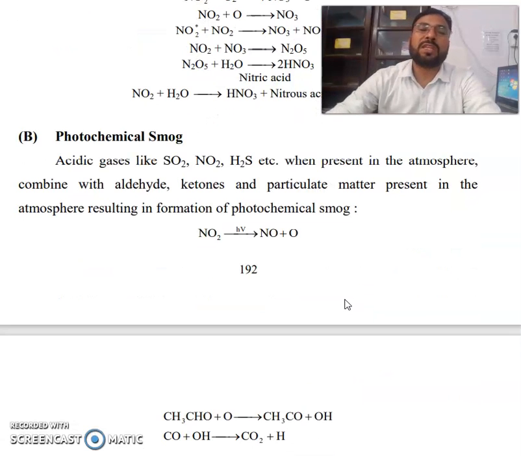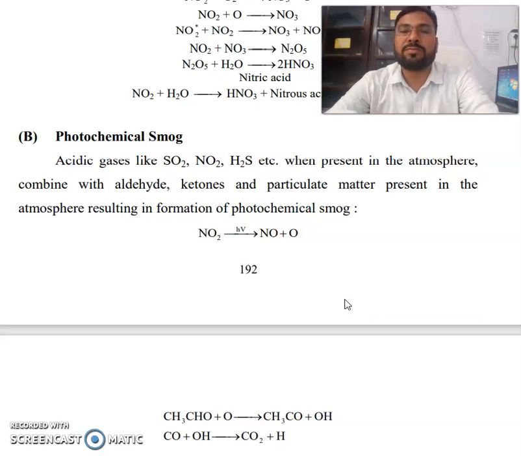So what is photochemical smoke? Acidic gases like sulfur dioxide, nitrogen dioxide, hydrogen sulfide, when present in the atmosphere, combine with aldehydes, ketones and particulate matter present in the atmosphere, resulting in the formation of photochemical smoke.